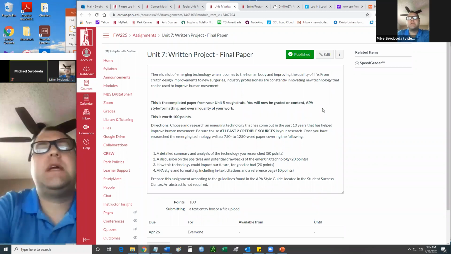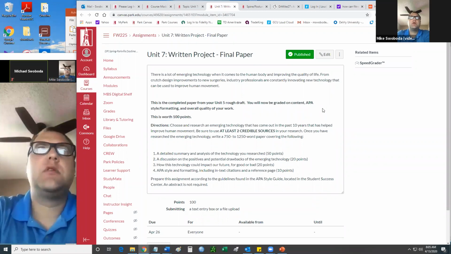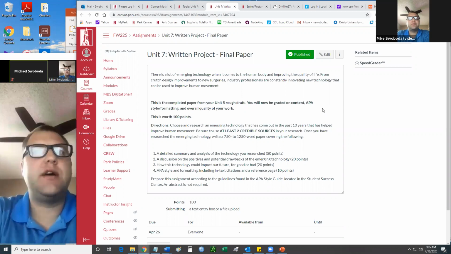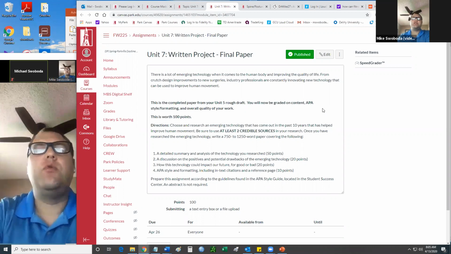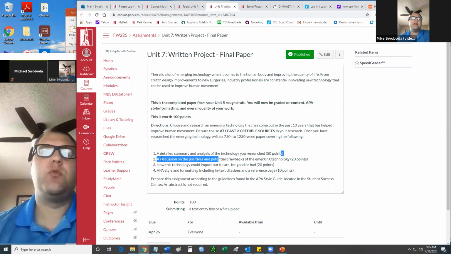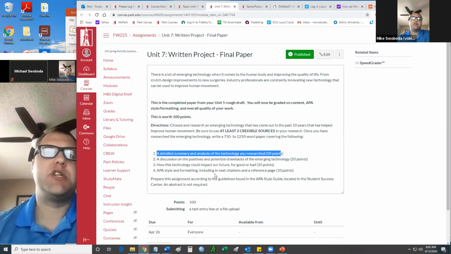One of the biggest things I've seen with most of your papers is that you're spending a little bit too much time with a lot of background stuff. It's okay if you include some background information, but you want to get straight into what the actual technology is that you're researching. So that's the big thing there.